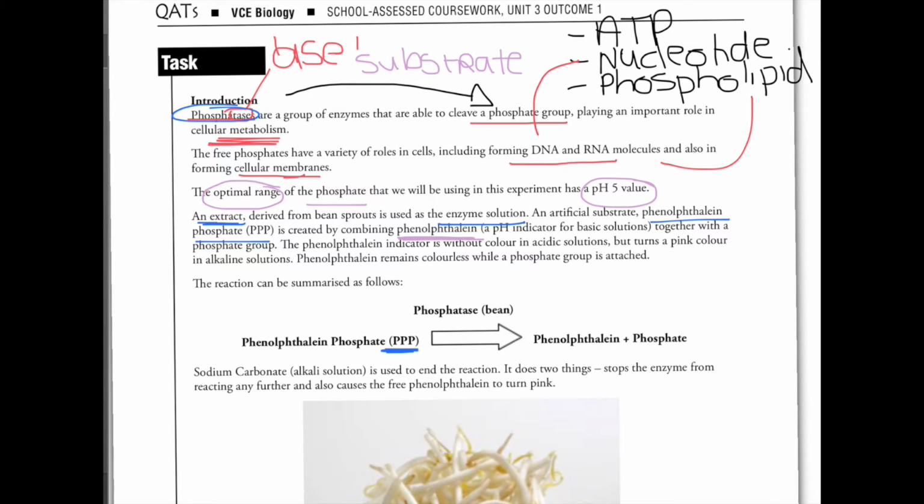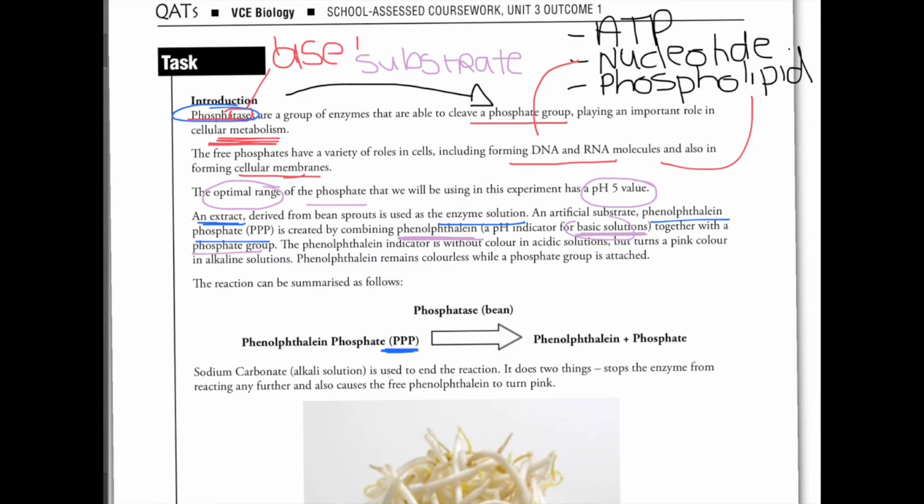I think you may have come across it sometime during junior science, but it's important that you know that. It's created by combining phenylalanine, a pH indicator of basic solutions, together with a phosphate group.